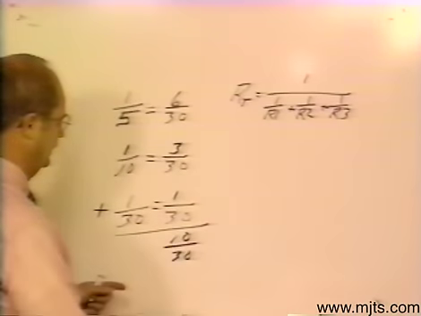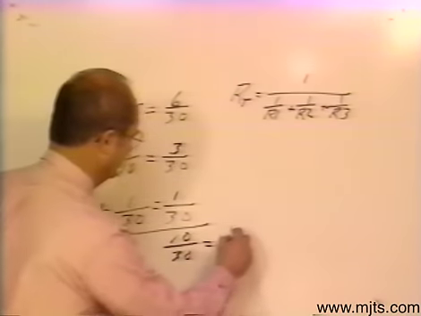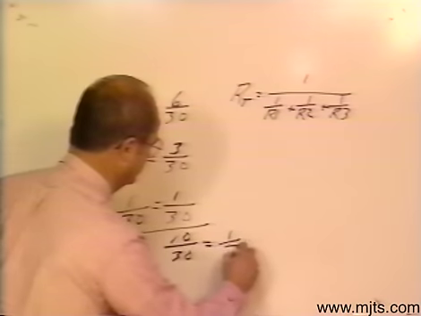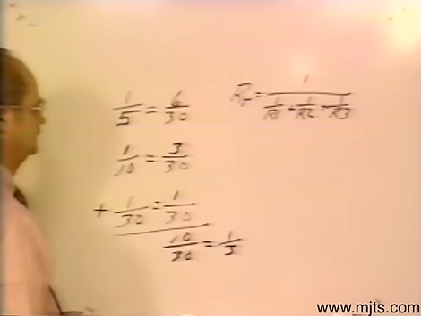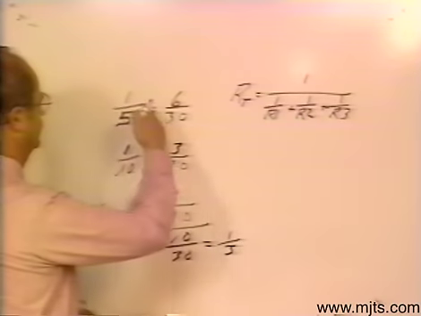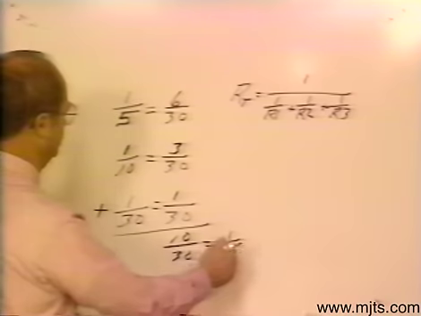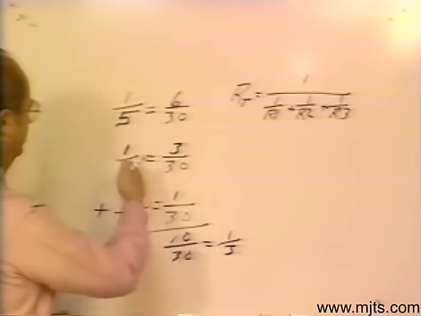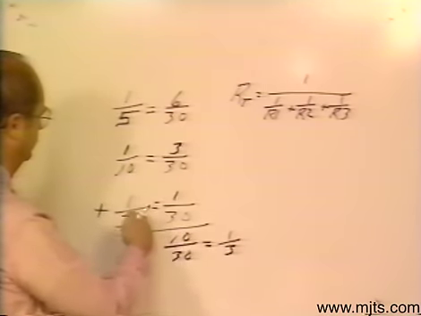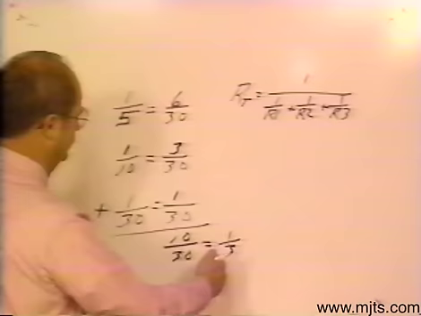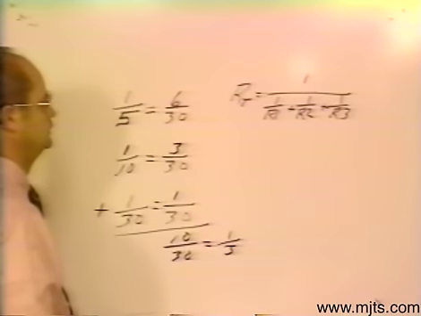I can divide 10 into either side, which gives me 1 over 3. So my answer for those particular fractions added together would be 1/3. If I had 1/5, 1/10, and 1/30th, I would have 1/3 for an answer.